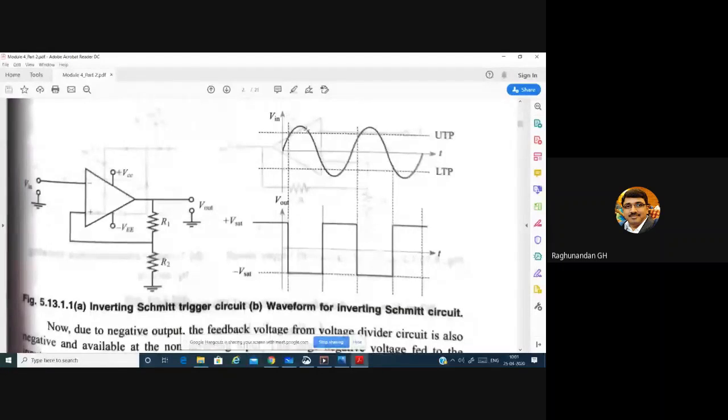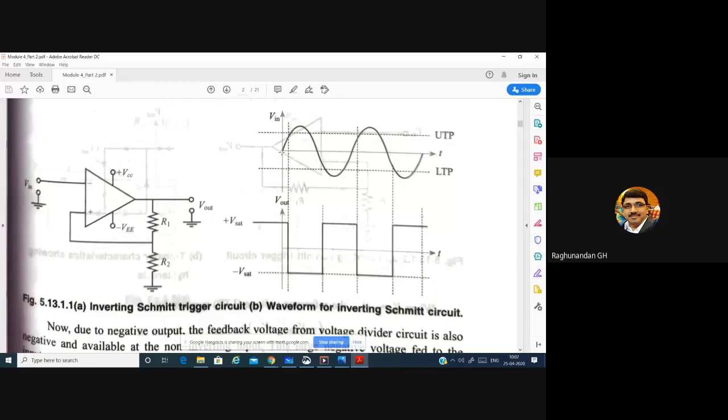See, this is the input signal we are having, and we have marked UTP and LTP here. To mark it, draw the horizontal lines first, and after that draw the vertical lines wherever the input is crossing, from that point.